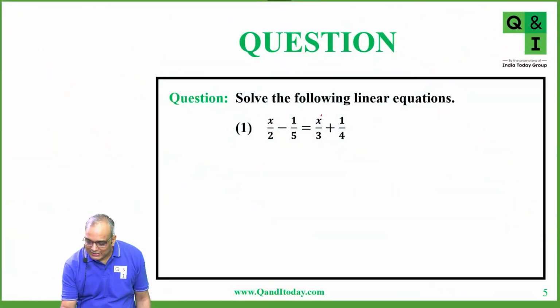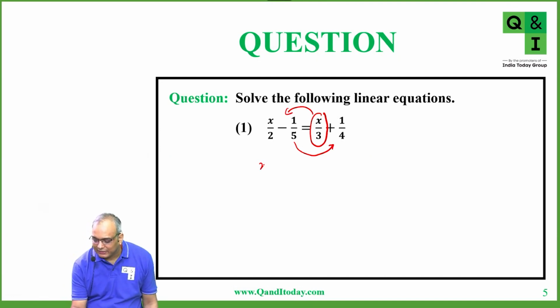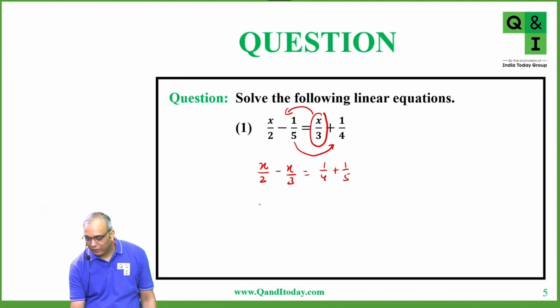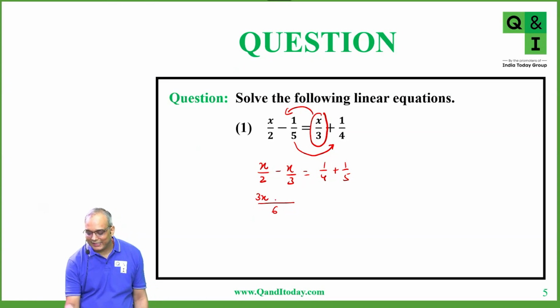So students, as I said, we'll take x by 3 to the left side and minus 1 by 5 to the right side. So this will become x by 2 minus x by 3 is equal to 1 by 4 plus 1 by 5. So if you take the LCM here between 2 and 3, we have 6. If we multiply both numerator and denominator by 3, we'll get 3x in the numerator here.